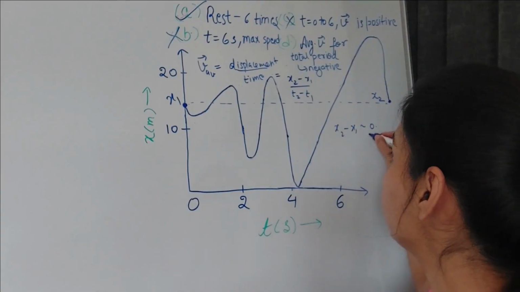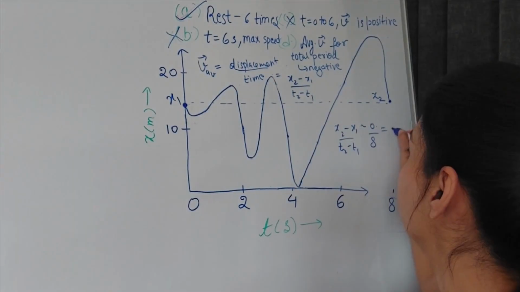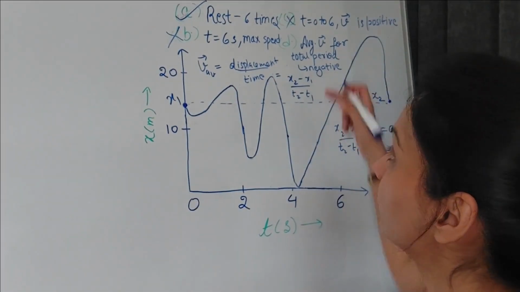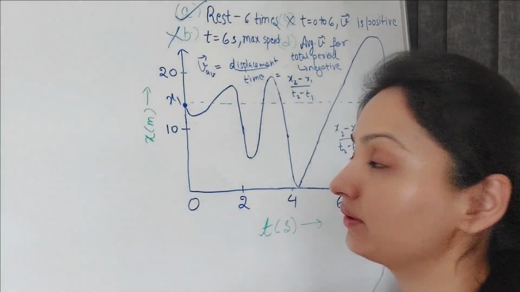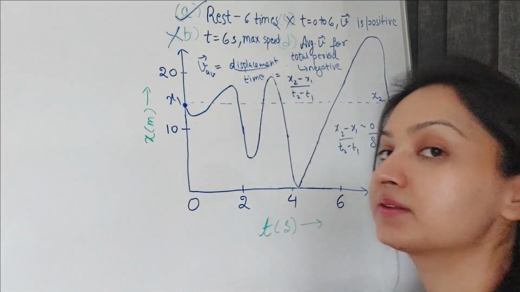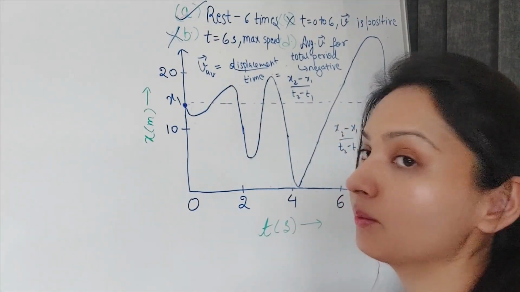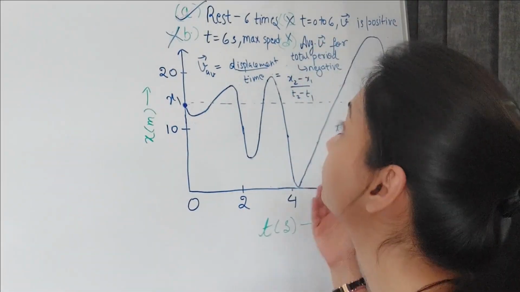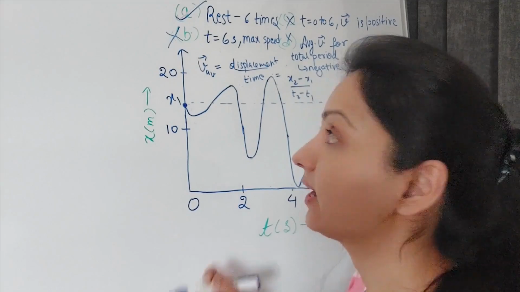So 0 divided by 8 is 0. That means the average velocity for the total time period, as shown here, is not negative but 0. So option D is also wrong. That means we have only one correct answer, that is option A.